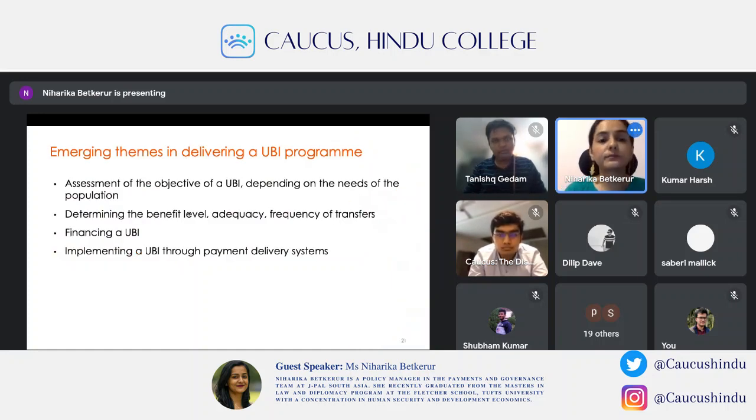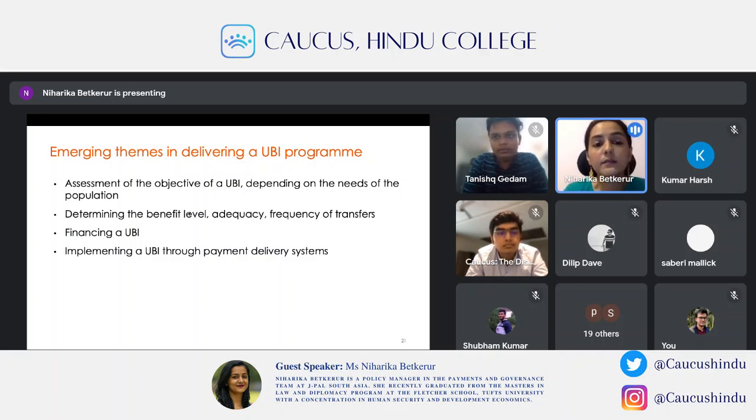The first thing they would need to figure out is, what are the needs of the population? Are we raising them to a common minimum floor? Are we giving everybody the same amount? What is the actual objective of this UBI? That is something people would need to figure out.